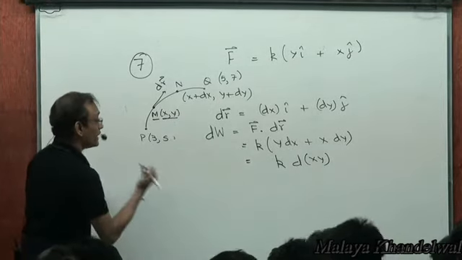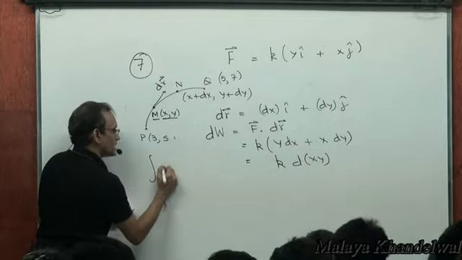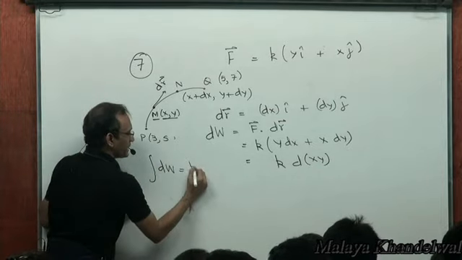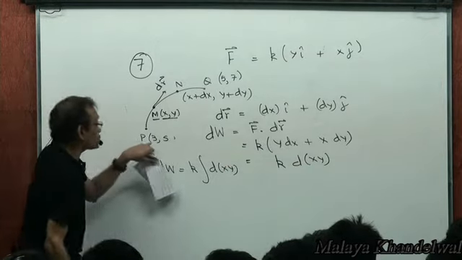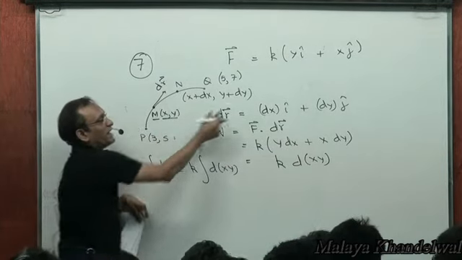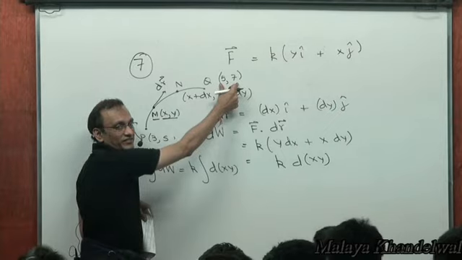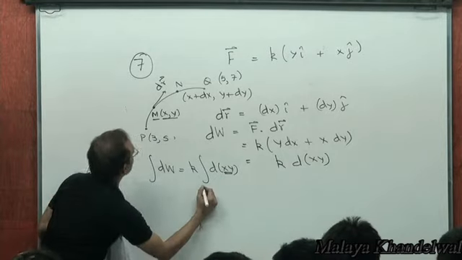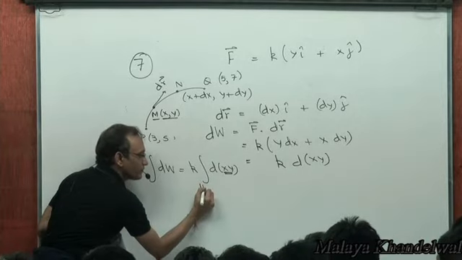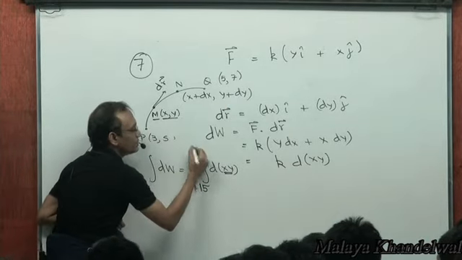The total work done would be the sum of all the dW's, which would be k times integral d of xy, where xy initially is 15 and changes to 35. So xy changes from 3 into 5, 15, to 5 into 7, 35.